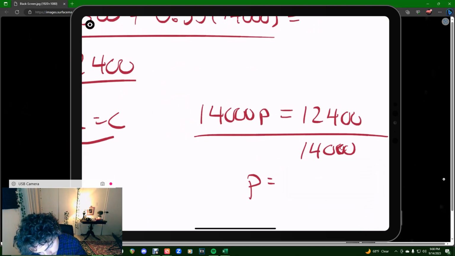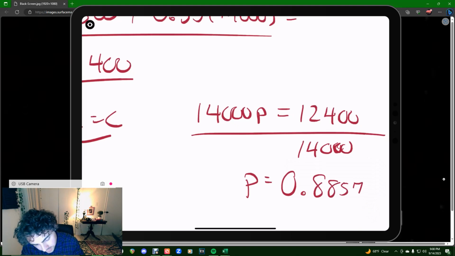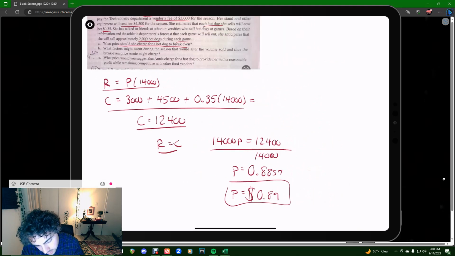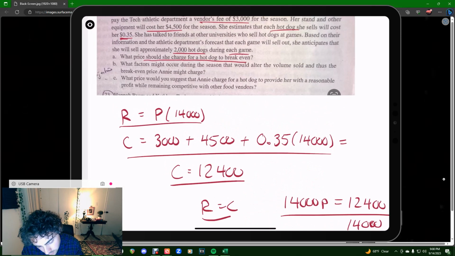So that's about 89 cents. Again, this is a price. That's the price they should sell them for to break even.